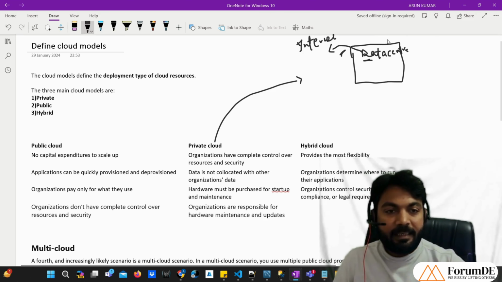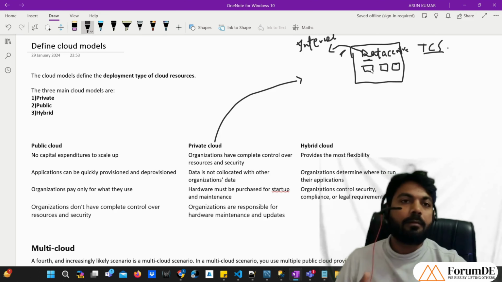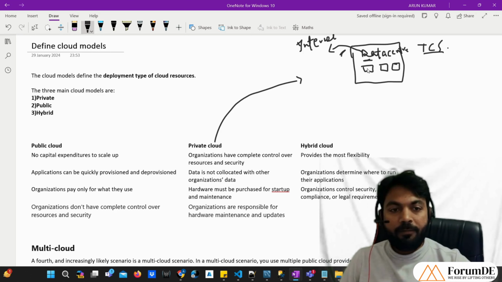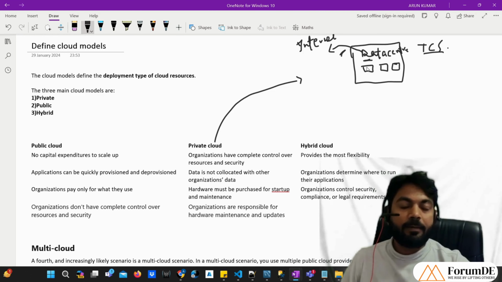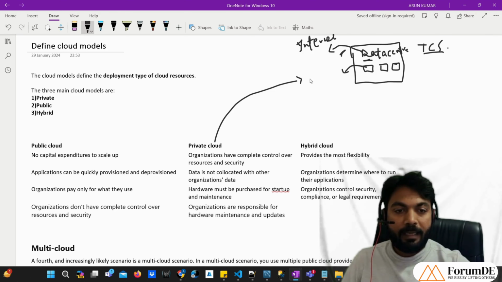Like TCS has its data center in which TCS has kept multiple servers. If TCS is able to provide the software or the storage locations present in these servers over the internet, then we can say that TCS has a private cloud.